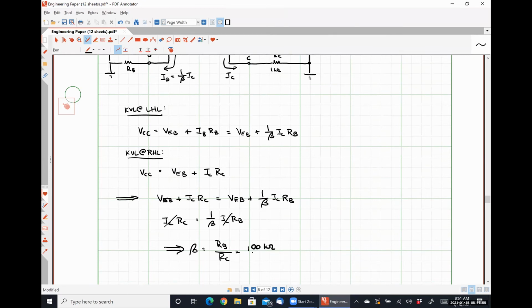100 kilo ohms divided by 1 kilo ohm gives us beta is equal to 100. So with beta at a value of 100, this guy is on the edge of the saturation range. Anything wild or crazy there? Really, not so much.